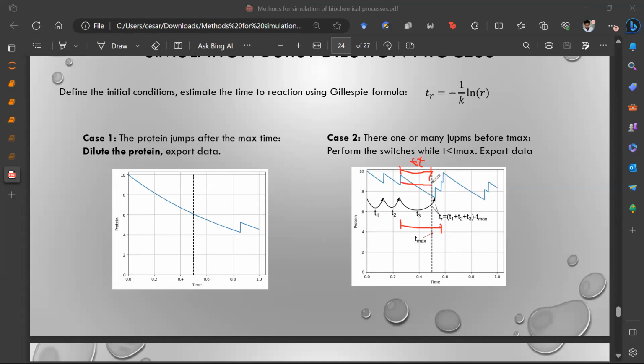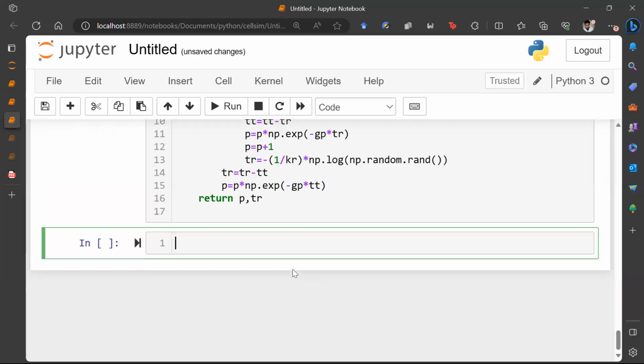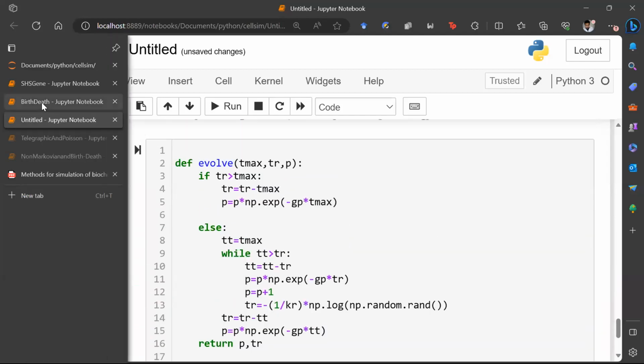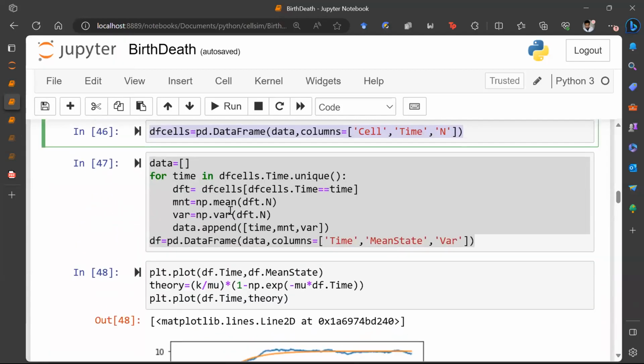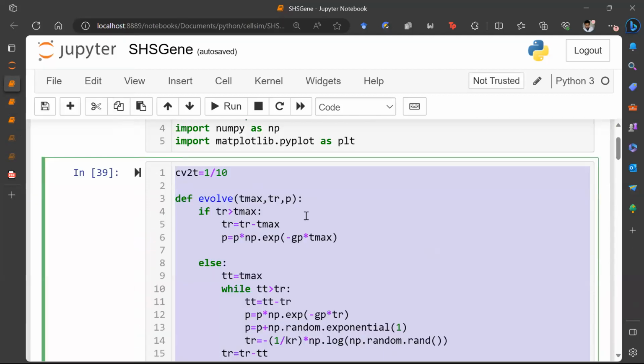During this TT, I let it degrade and export that time. And I export the value of the protein.